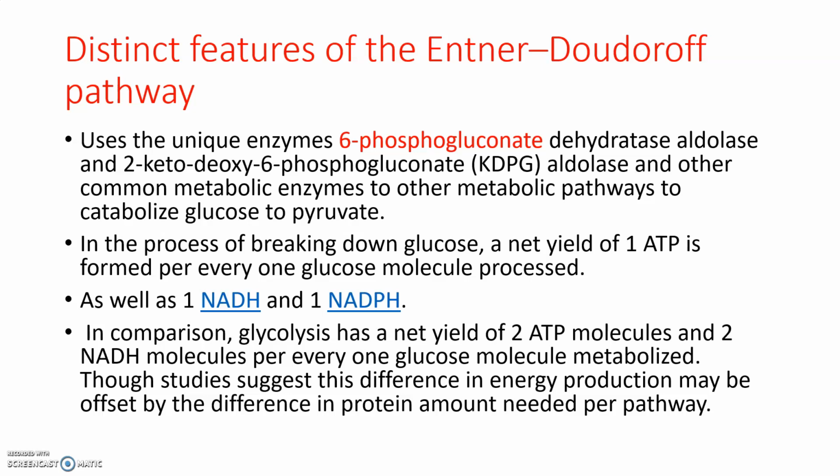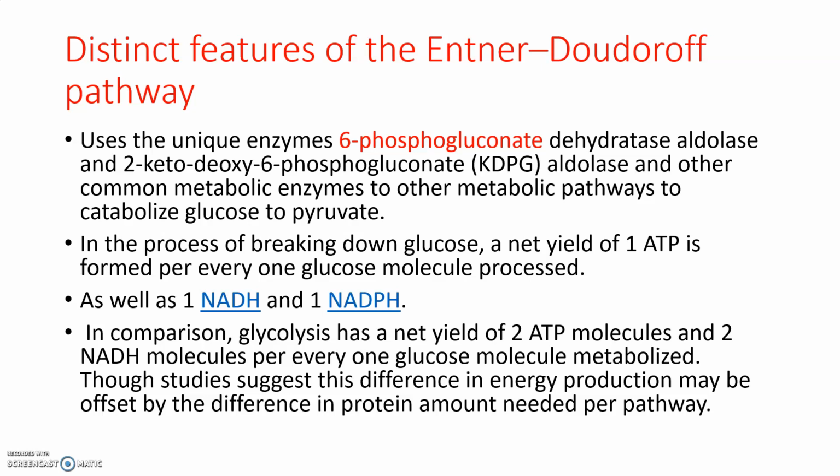In comparison, glycolysis has a net yield of 2 ATP molecules and 2 NADH molecules per glucose molecule metabolized. We have already discussed that glycolysis has a net yield of 2 ATP molecules.